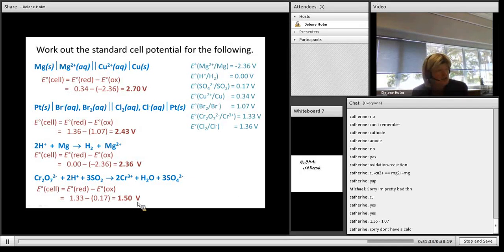Now, a point I want to make is that those E0 values are, remember, under standard conditions. So when a battery runs flat, it's because the conditions are changing.